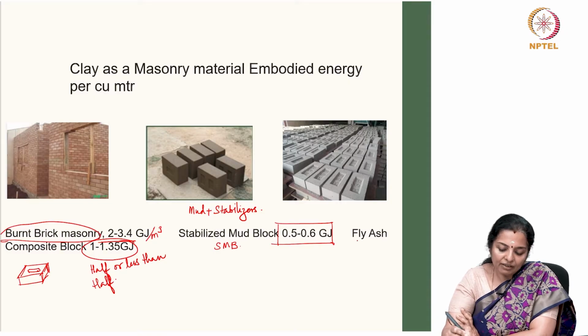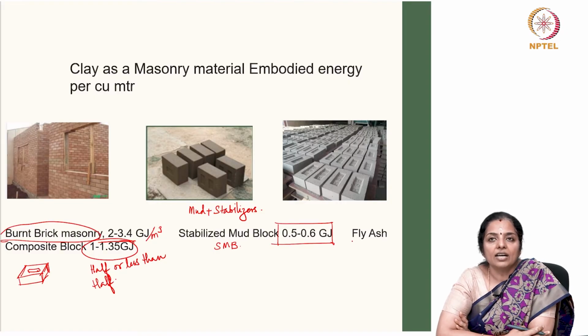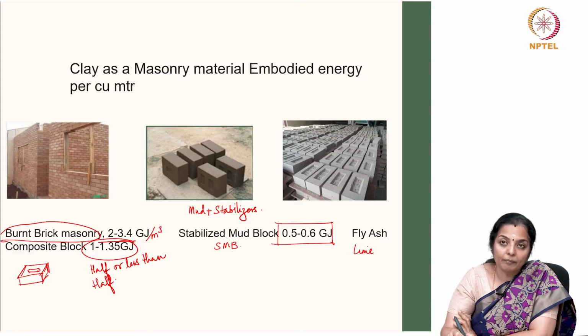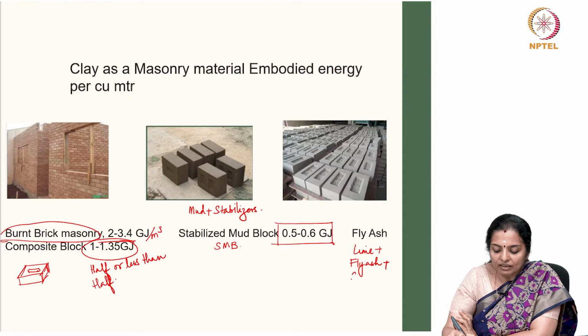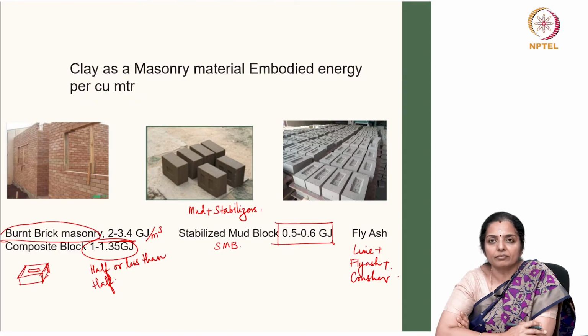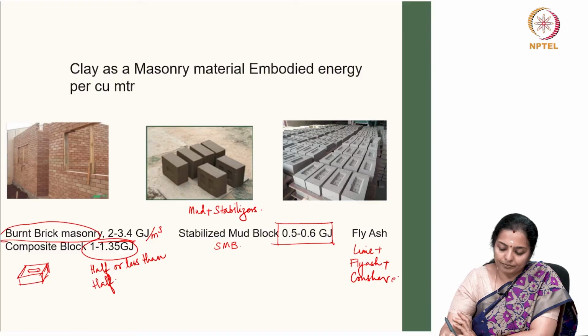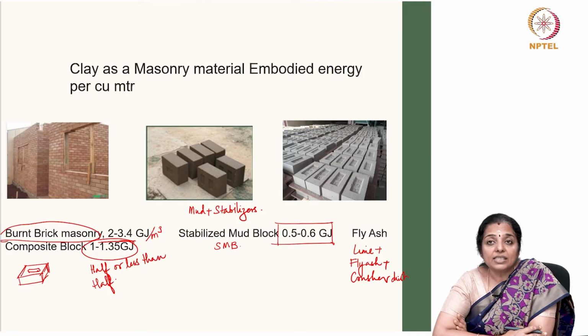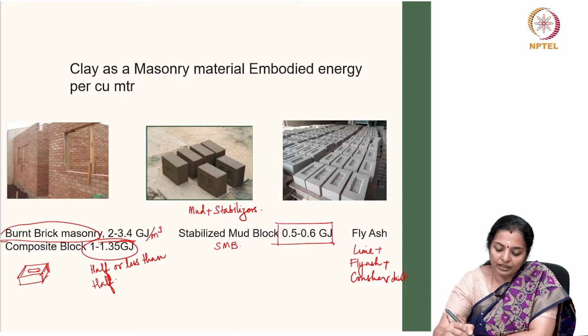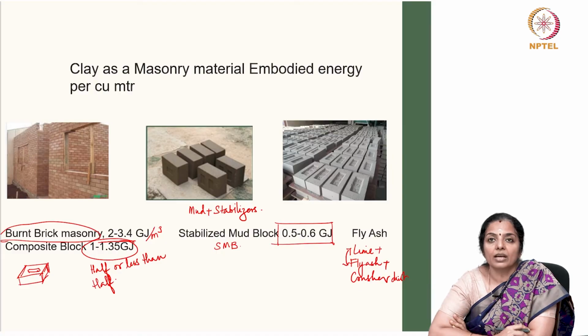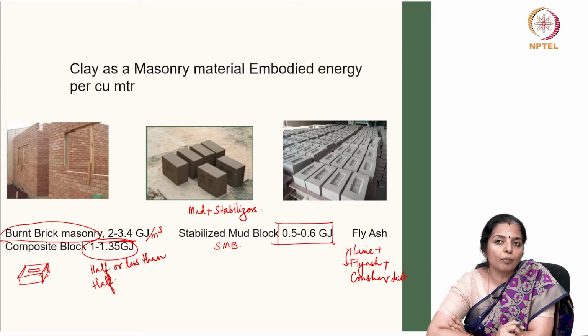Whereas fly ash blocks are a mixture of lime plus fly ash along with crusher dust. This is compacted into a high density block. Lime reacts with fly ash and the minerals in the fly ash, forming a water insoluble bond, and that gives strength to the block.